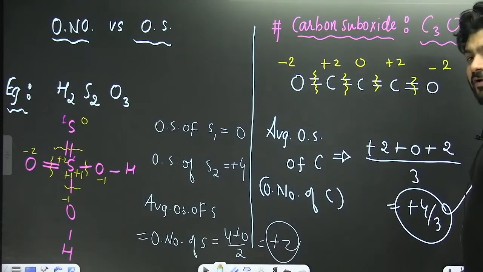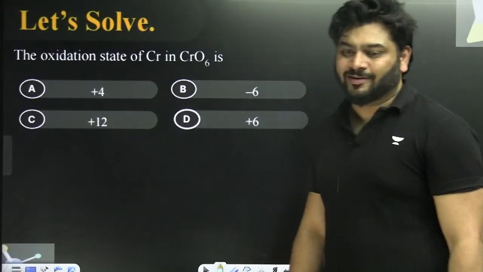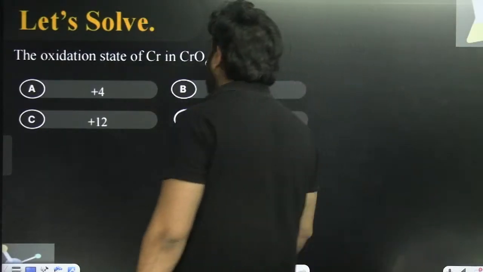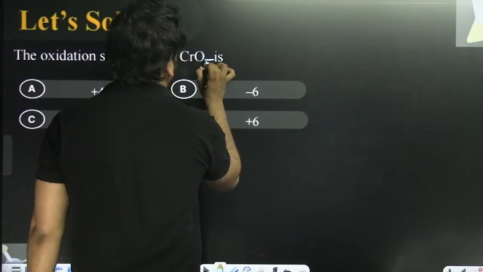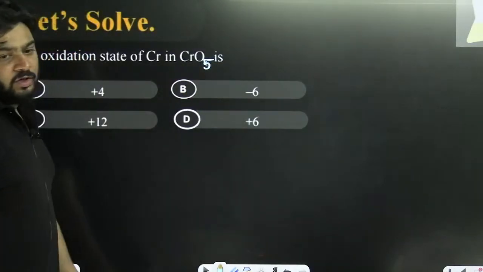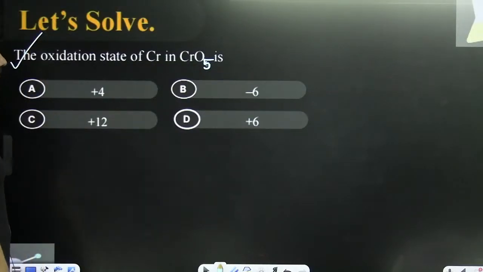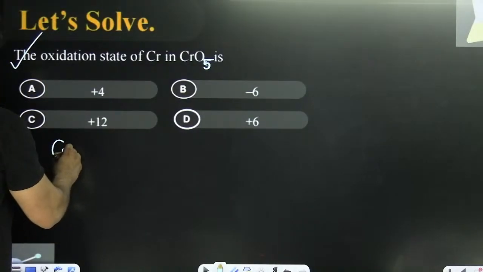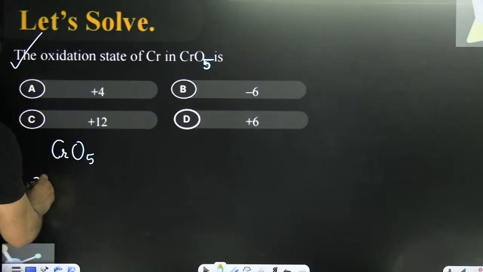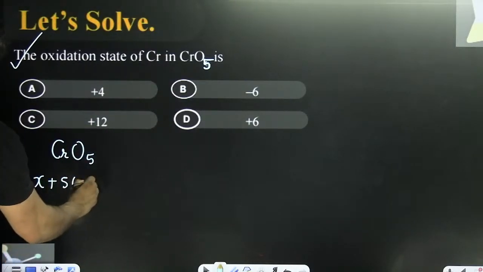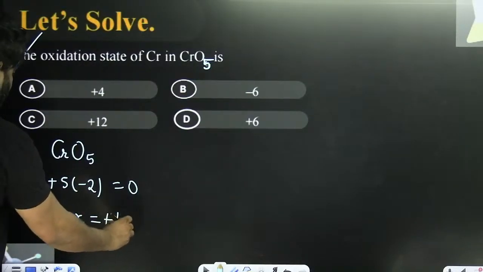So guys, this is one more thing we have. One question I would like to give you. This is CrO5. We have a molecule named CrO5, and we have to find the oxidation state. If we apply our method, x plus 5 times minus 2 is equal to 0, x comes up as positive 10.